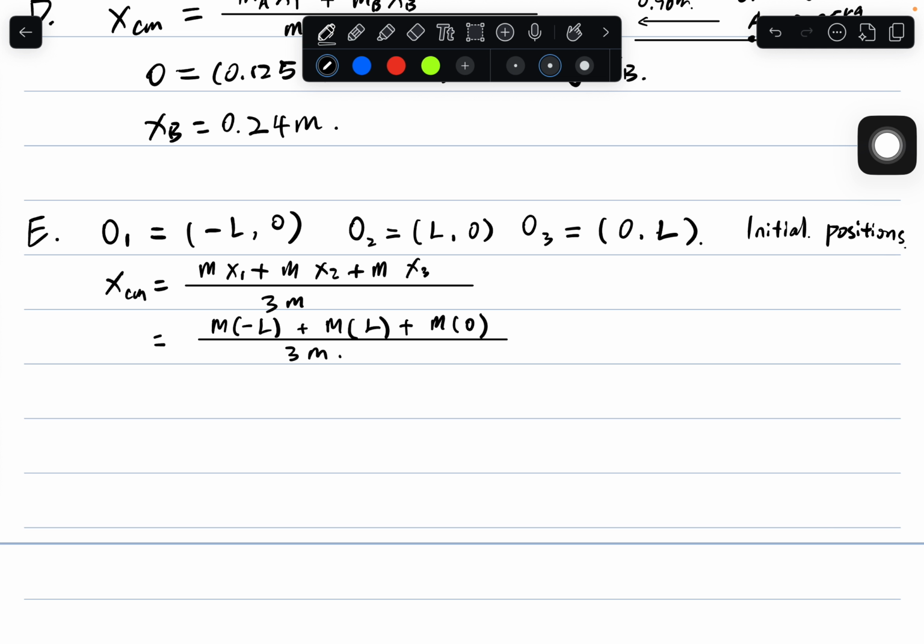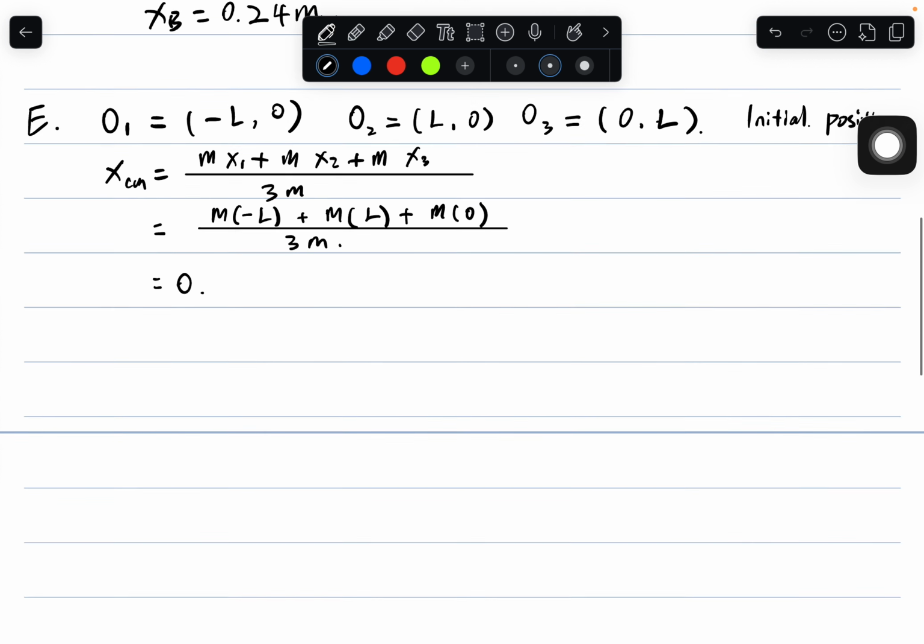Negative L and positive L cancel out, and 0 times m is 0, so the x-coordinate of the center of mass is 0.